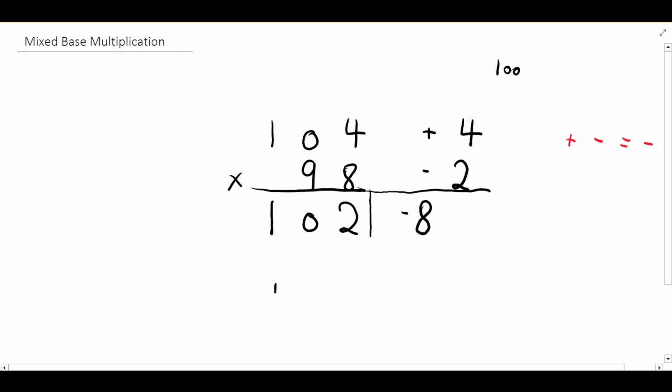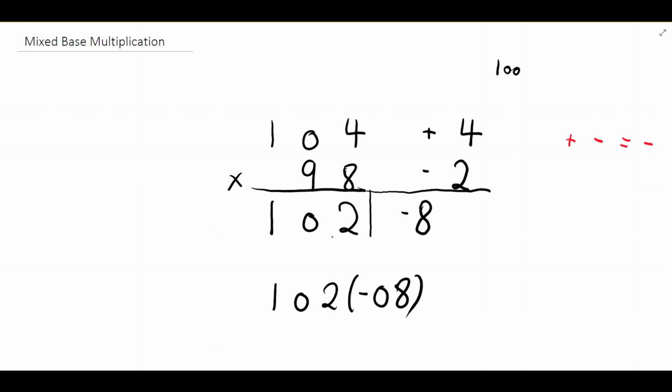But we cannot write our answer as 102 and then minus 08. That's not how it works. So what we should do is subtract 1 from the left part.